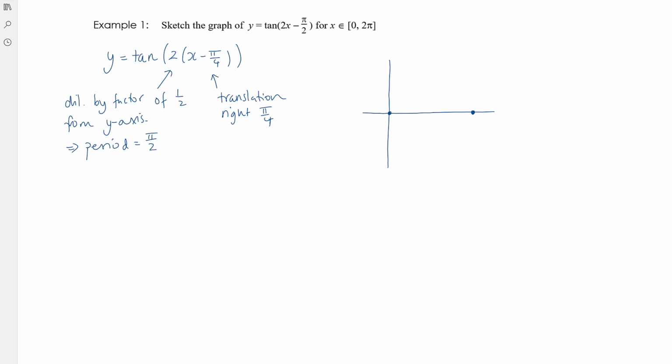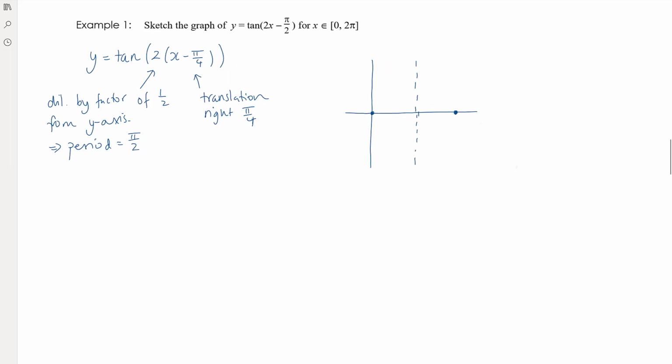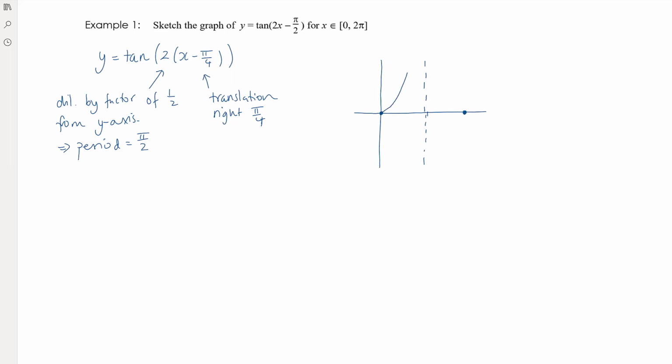Halfway along that period, you'll have an asymptote. Didn't really draw that very well. Let's try that again. Halfway along that period you'll have an asymptote, and a quarter of the way along that period you'll have that key point. This point is going to give you that sense of dilation.